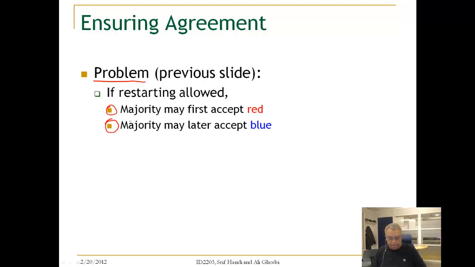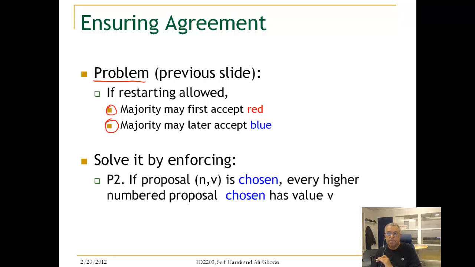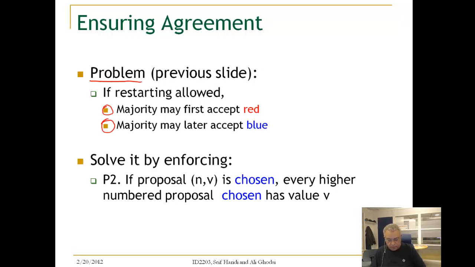So we still need property P1 to accept the first proposal, but now we need another, stronger property to ensure agreement. What is the property that we can use to ensure agreement?